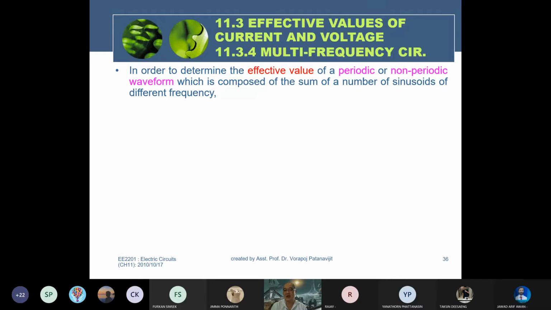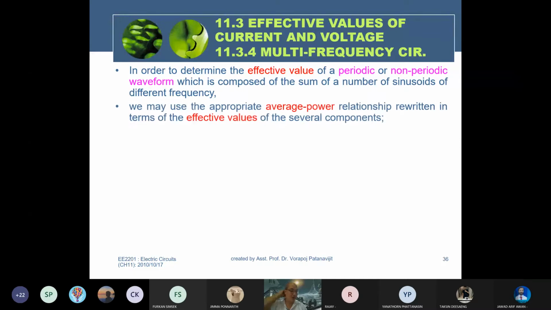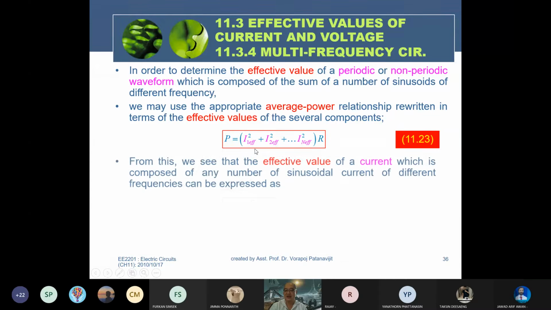In order to determine the effective value of the periodic or non-periodic waveform, which is composed of the sum of a number of sinusoids of different frequencies, we may use the appropriate average power relationships written in terms of the effective values of the several components, or you can write in terms of the current: I effective equal to the square root of I effective of the first frequency squared, plus I effective of the second frequency squared, plus I effective of the third frequency squared, and so on.